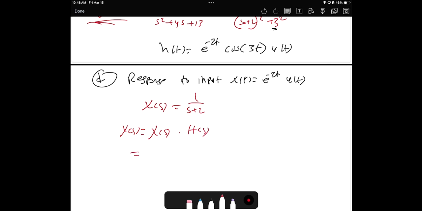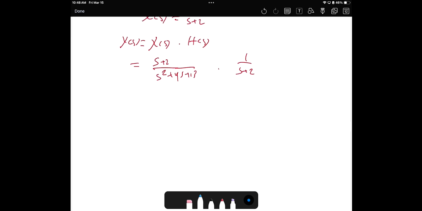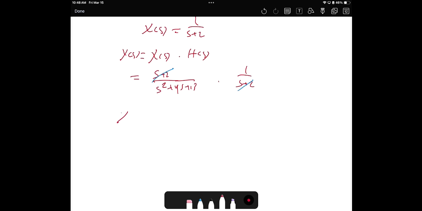So h of s is given as s plus 2 divided by s squared plus 4s plus 13, times 1 over s plus 2. The s plus 2 and s plus 2 will cancel each other. So y of s equals 1 over s squared plus 4s plus 13.